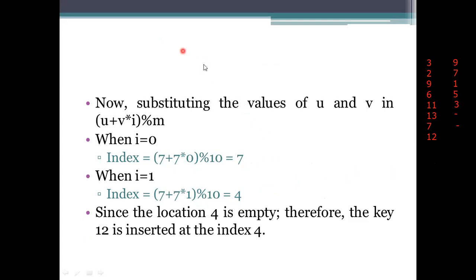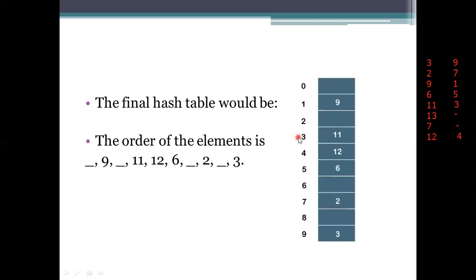Now see what value we are getting at the 4. We can insert the value having the key index, which is 12 here. And at last we have the values in that one here: 9 has been inserted at the first.